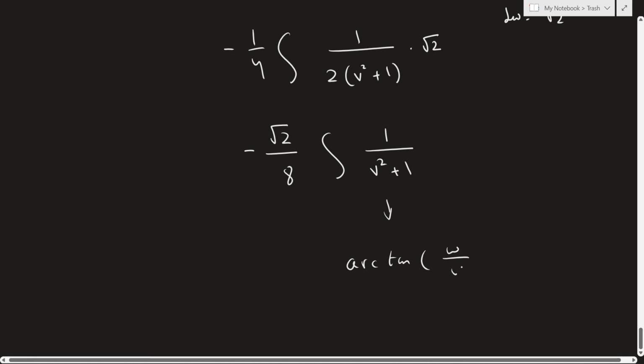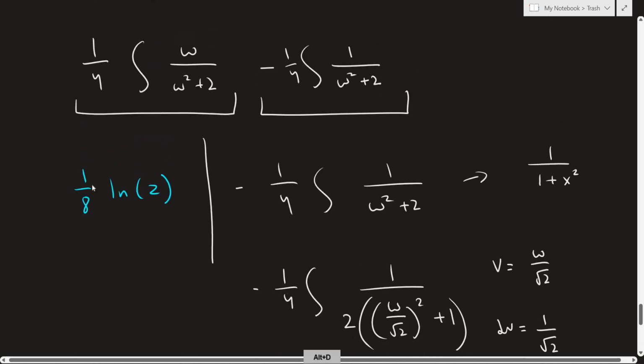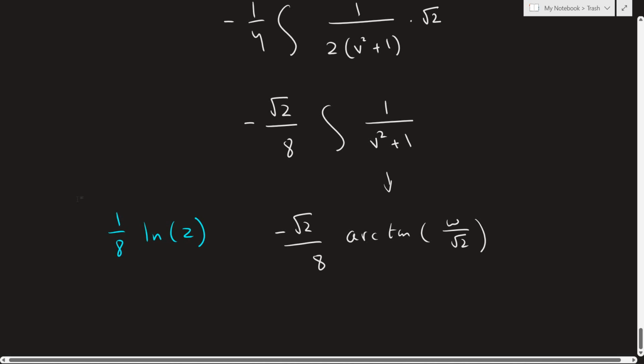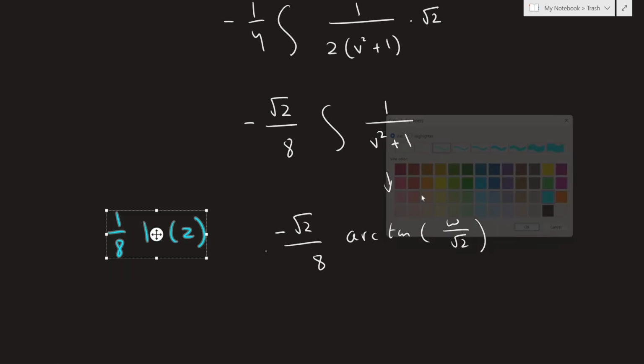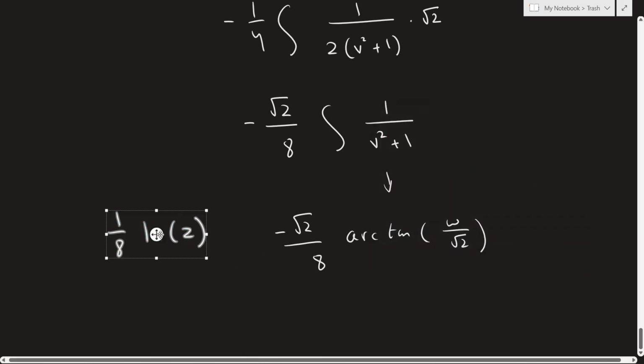So negative radical 2 over 8 arctangent of w over radical 2. Now we have this and this one here. Copy it, paste it here, change its color back to white, and put it beside it here. Okay, great. Let me put the negative outside as well.